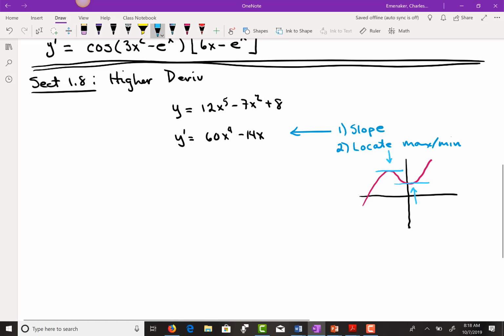At any maximum or at any minimum, the tangent line is going to have a slope of 0, isn't it? That's why you set the derivative equal to 0. Not because it's easier to solve or anything like that. It is true it's easier to solve, but that's not why 0 works there. Okay, so with the first derivative, we can find these max-min points.